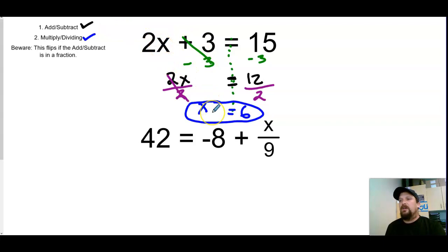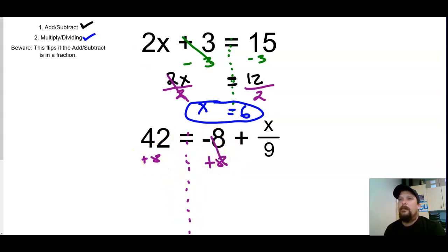Let's try this one down here. Negative 8 plus x divided by 9 equals 42. The addition sign right here is not in a fraction, therefore we're going to do our regular first and second steps. Add or subtract: here we have a negative 8. The inverse is adding an 8, so we add 8 to both sides.